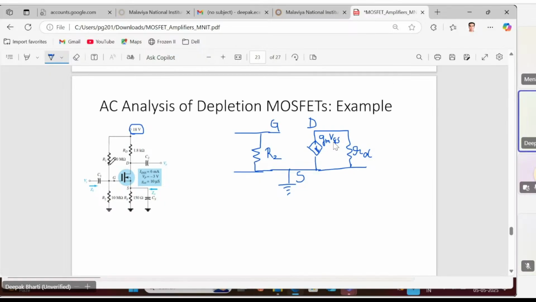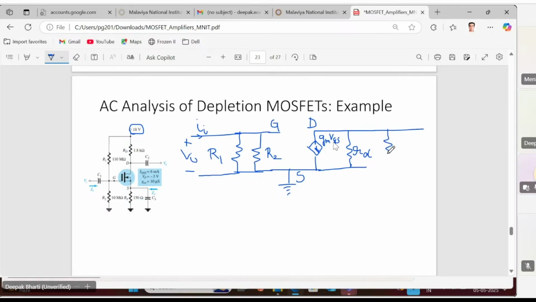So R1 is also connected between gate and the ground. This is R1. And on the input side we have VI and II.